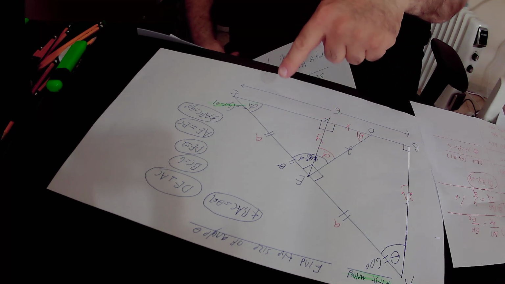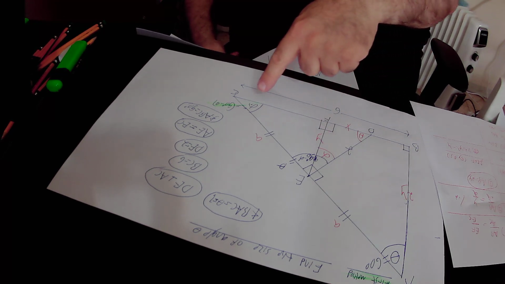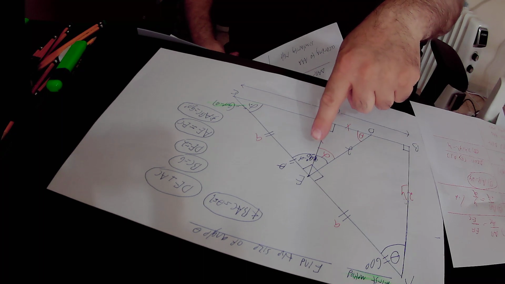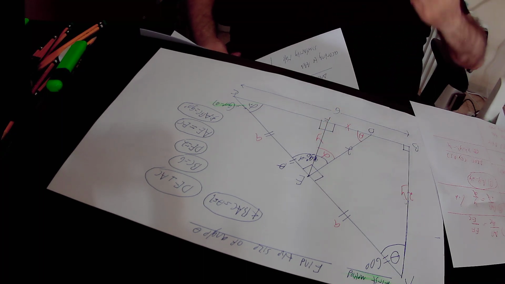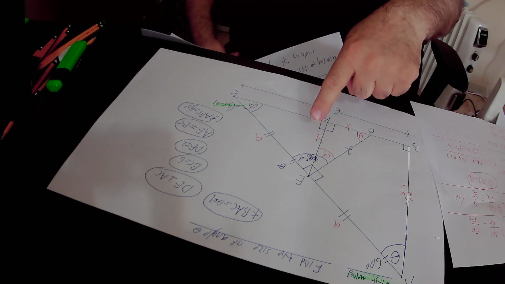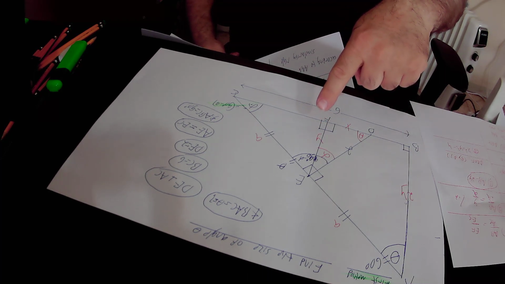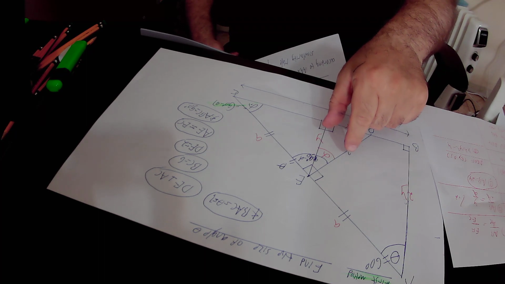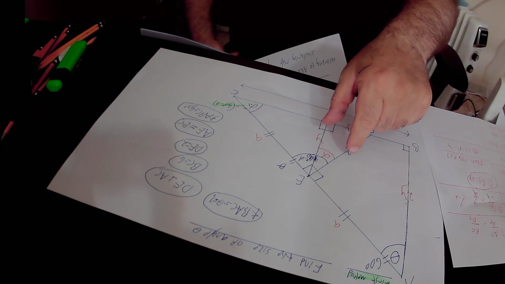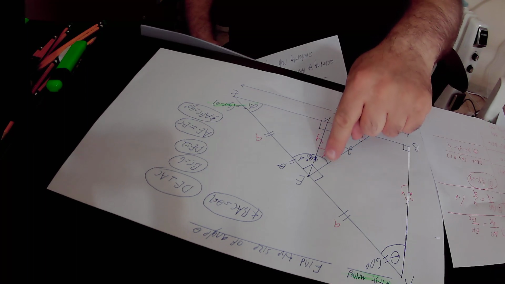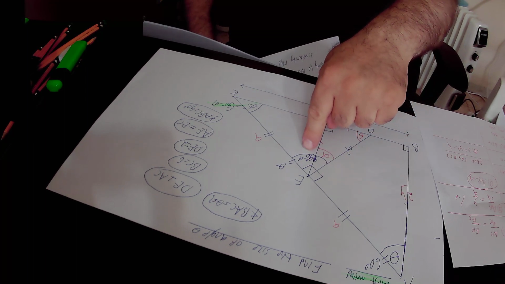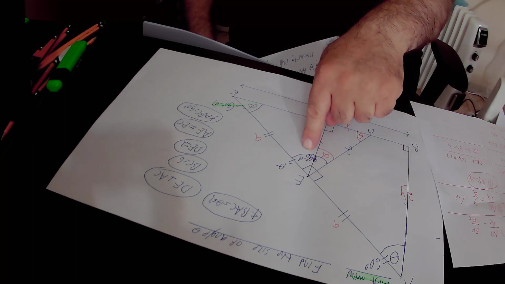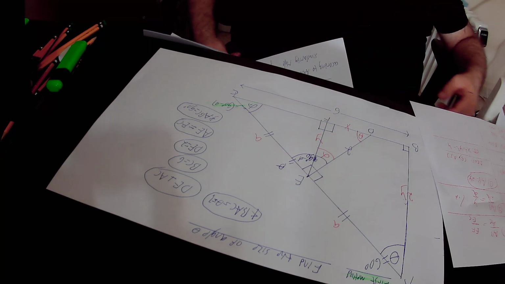Triangle CEF is a right triangle, and this angle equals alpha. So this angle must be equal to 90 degrees minus alpha in order to complete the sum of the angles in the right triangle EFC to 180 degrees. So what is the size of angle FED? FED will be equal to 90 degrees minus the size of this angle, that is 90 degrees minus alpha. Okay?